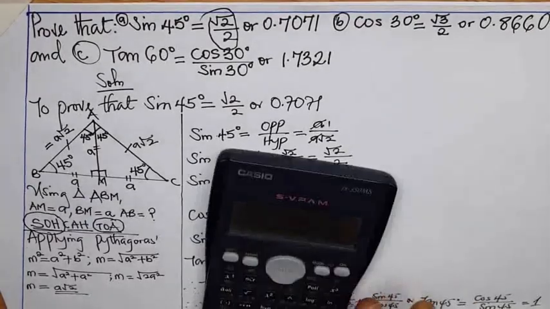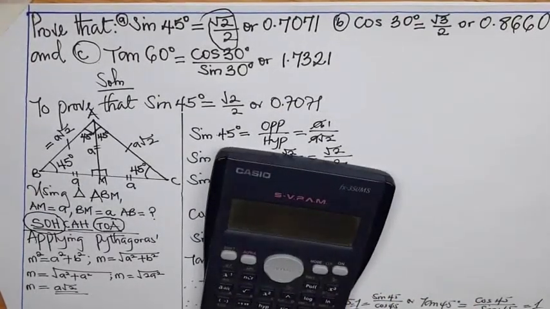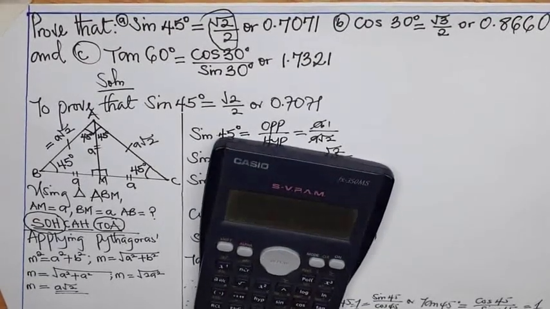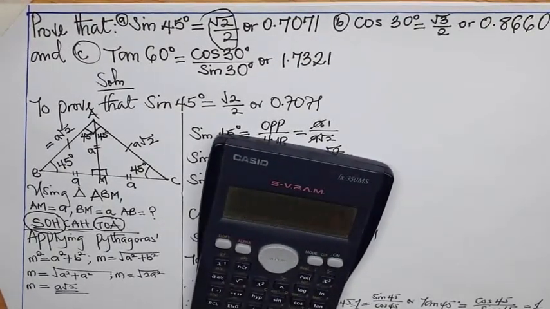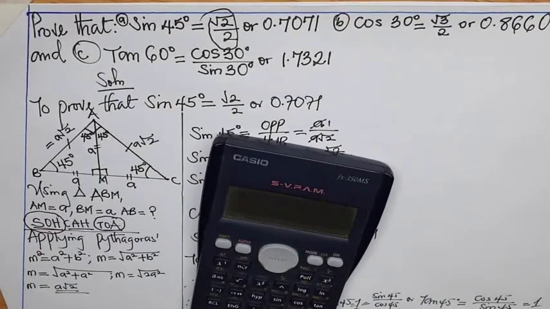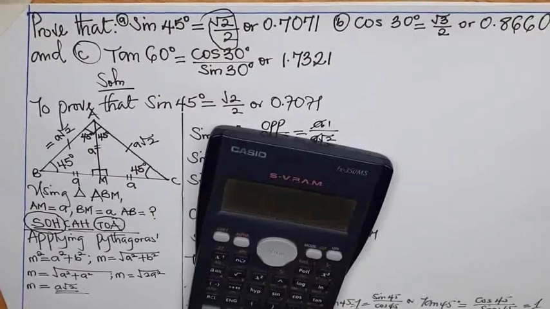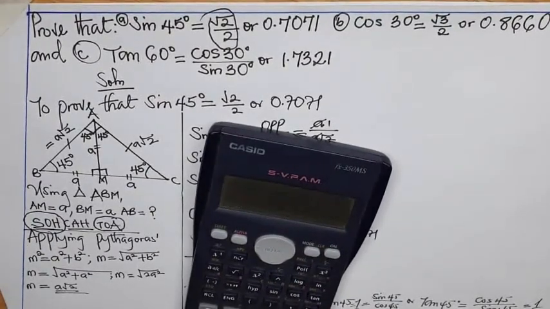Let's prove that at the same time. See, if you use your scientific calculator, punch sine 45 divided by cosine 45, your answer is 1, which is the same thing as tan 45. Now reverse the punching and punch first cosine 45 divided by sine 45. That also gives you 1.